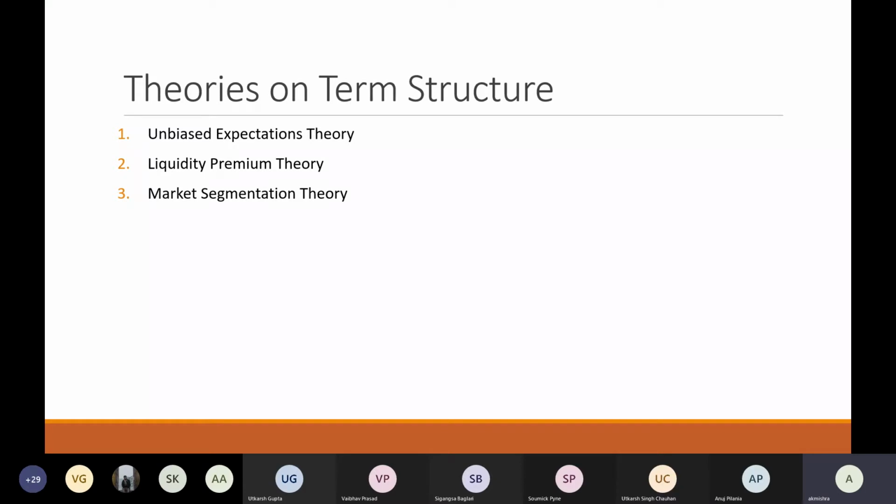So we will start with the unbiased expectation theory, also written in short form. Then there is the liquidity premium theory, LPT, and the market segmentation theory. This is an alternate way of representing these theories.